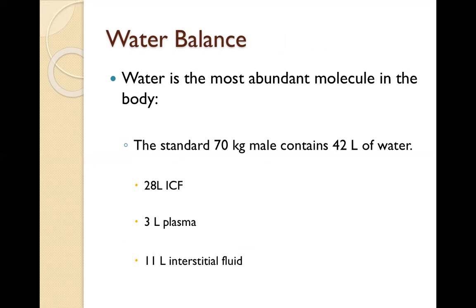And then the rest of it is the extracellular fluid compartment, which consists of the interstitial fluid, which is the space between the cells, as well as the plasma, which is within the blood vessels. And there's about 3 liters of plasma. There's about 5 liters of blood altogether, but 2 of those liters are accounted for by the blood cell volume.